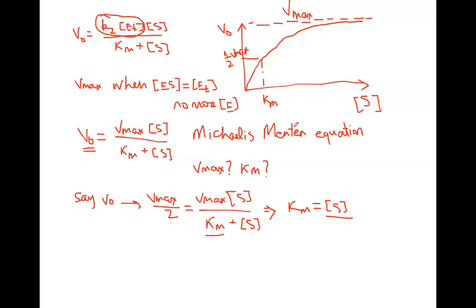So another way to understand the Km, it can also be defined as a dissociation constant.